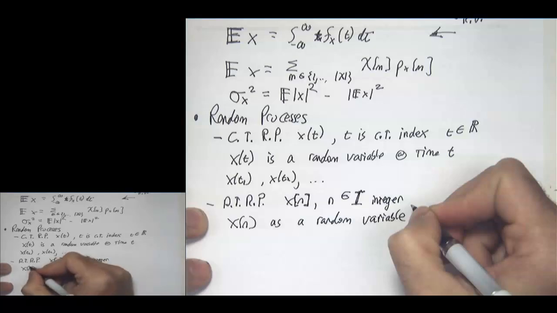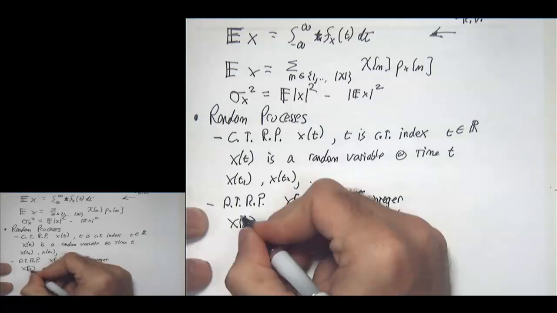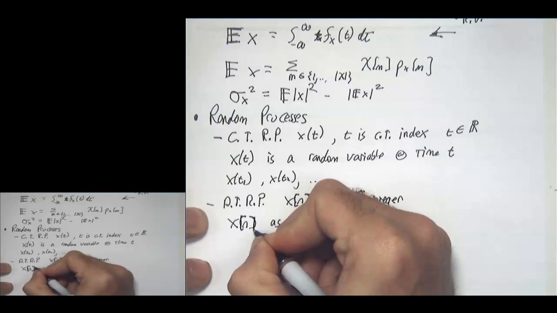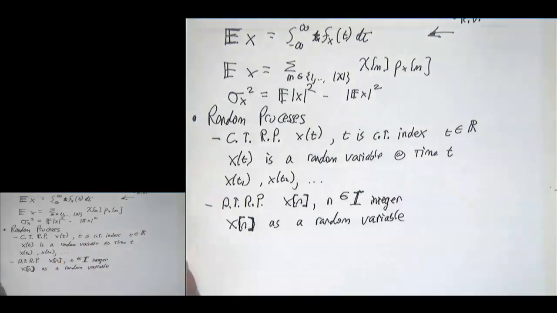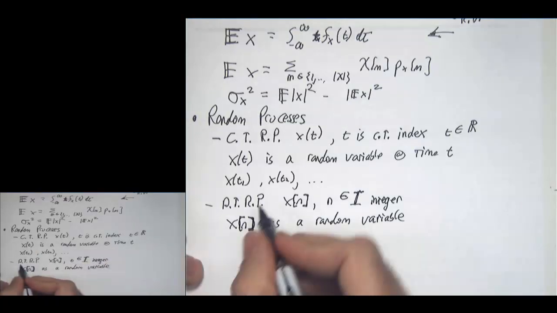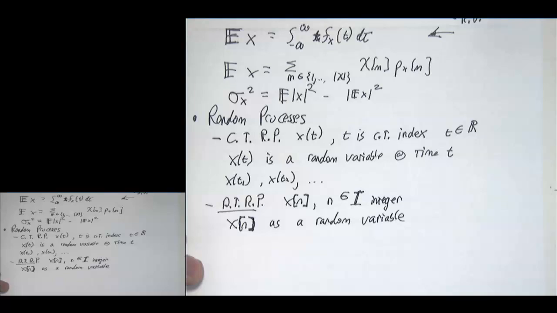Now I know somehow this doesn't look like a square bracket, but it is. Unfortunately, throughout the whole semester here, the square bracket will eventually just look like a parenthesis. But you know what I mean, hopefully. Okay, so things that are important to note here about random processes. For the most part, I'm going to focus on discrete time random processes because we actually don't really need continuous time that much in the class.